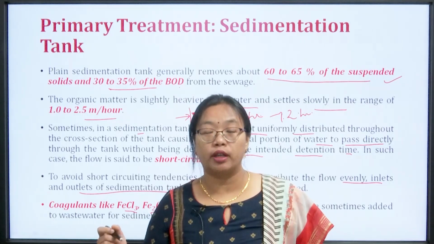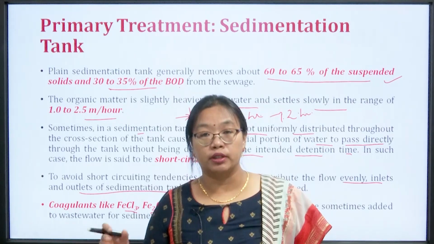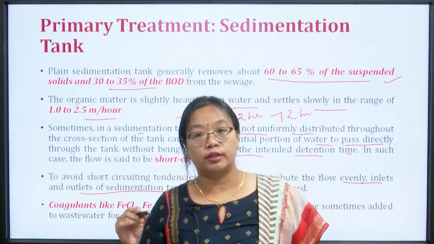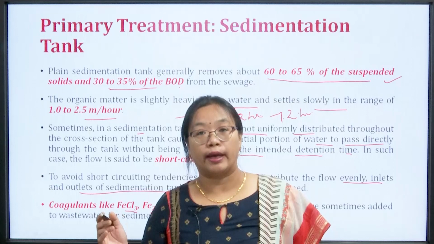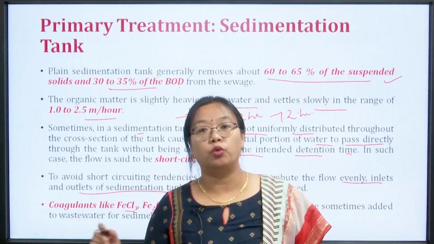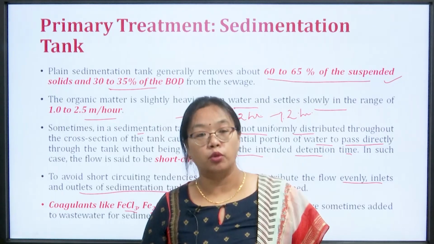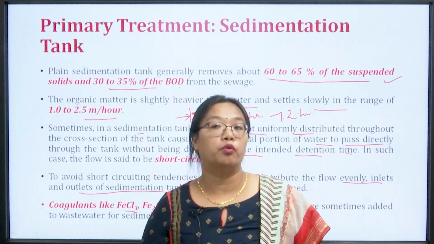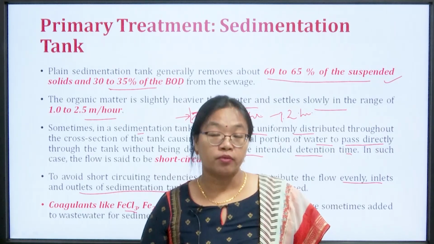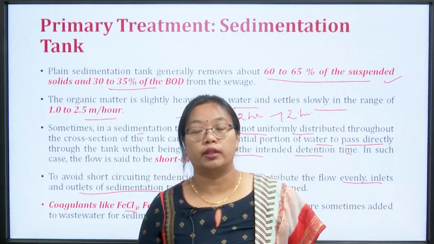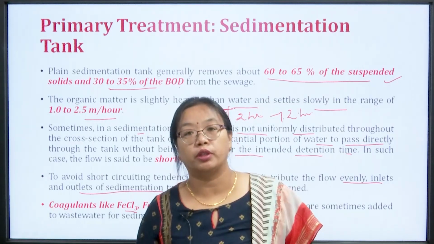If you go for trickling filters, the effluent from the sedimentation with coagulation tanks may have a very bad effect on the trickling filters. You do not want that. So, most of the time we simply go for plain sedimentation, and we do not go for sedimentation with coagulation for wastewater treatment. Sometimes they may go, that is completely dependent on you, but in most cases we do not do it.